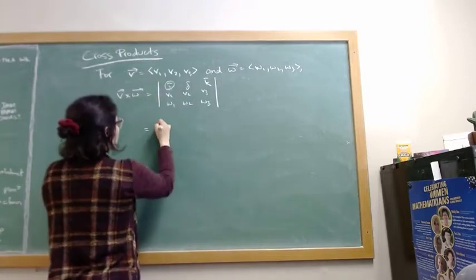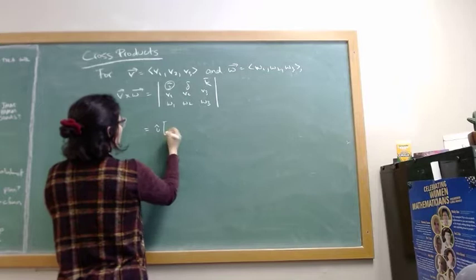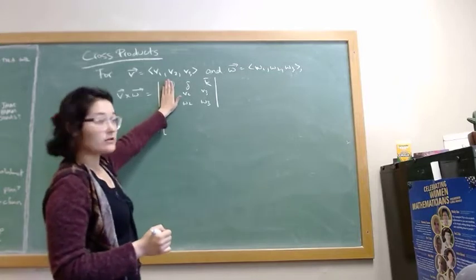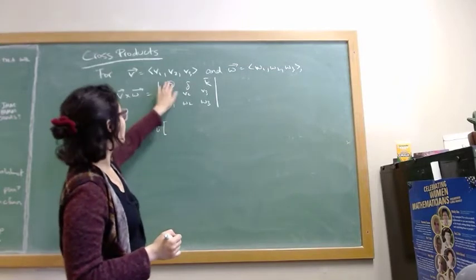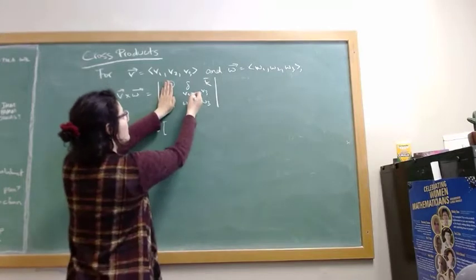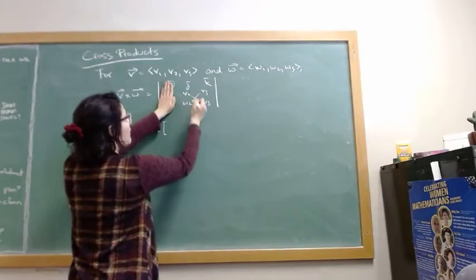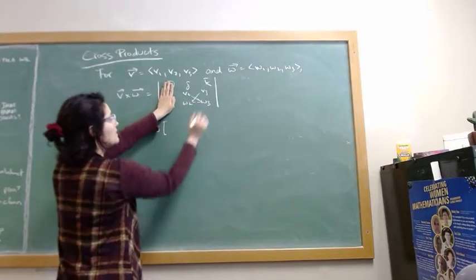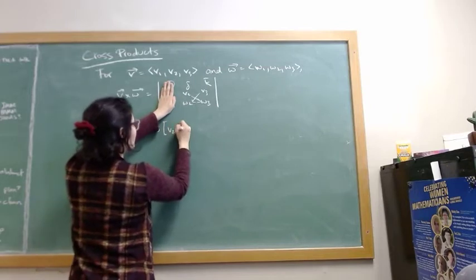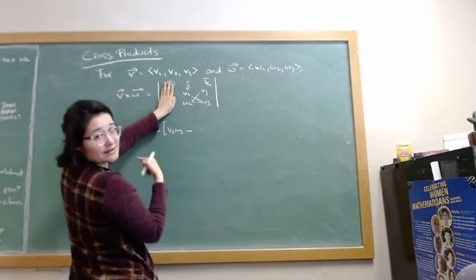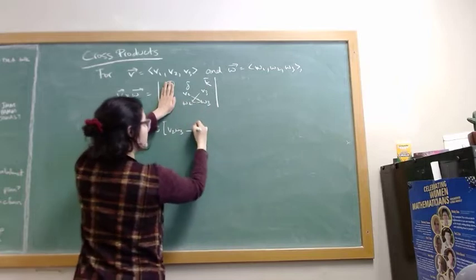But what you do is you take the first entry, and you're going to multiply it by, ignoring what's below that entry, that i hat, and then taking the cross multiple of what's left over. So I'm going to do v2 times w3, and then I'm going to subtract the opposite diagonal, v3 times w2.